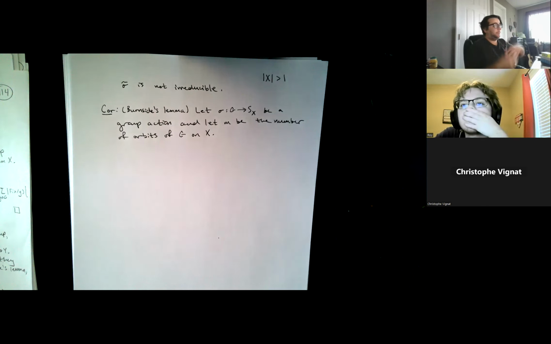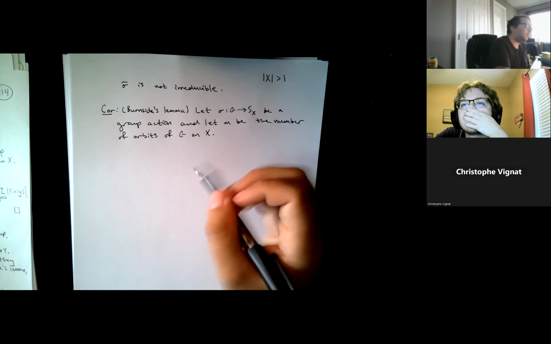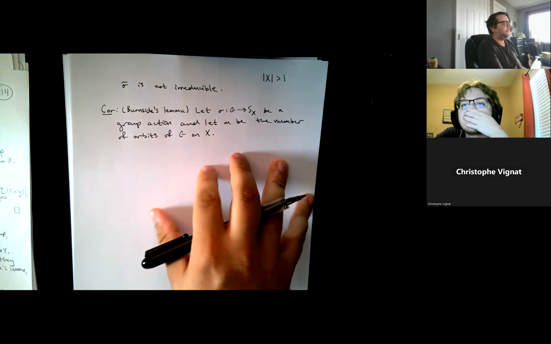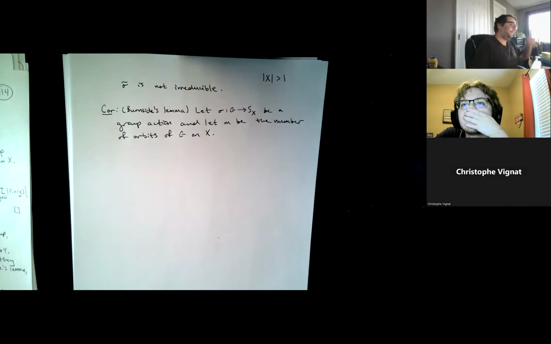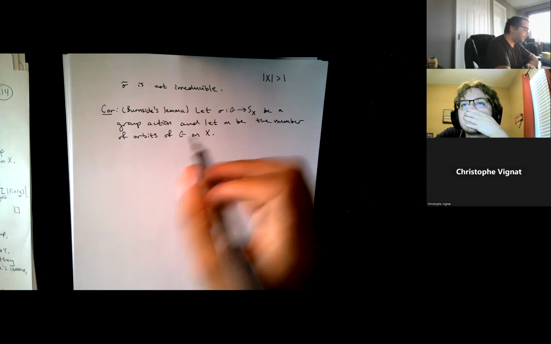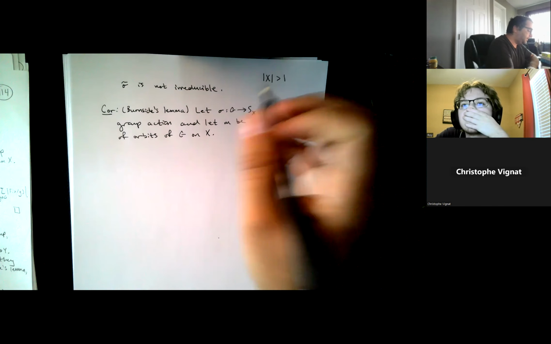Okay, so I'm doing Burnside's lemma now. We let sigma be a group action, and we let M be the number of orbits of G on X. What does that mean? Well, by our previous proposition, M is the dimension of the fixed subspace of the span of X. That's what we just proved.